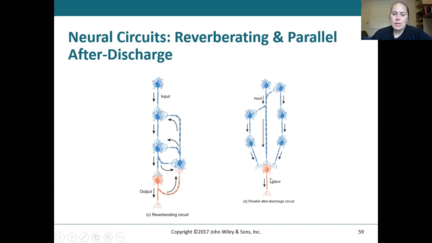And then here you can see the parallel after-discharge circuit. You've got a single neuron that's sending a signal out, and then it's synapsing onto neurons to its left and its right. It's like, okay, let's make sure this neuron gets a signal. It's all going to converge on that output at the same time. Might be a great example of spatial summation. We just talked about that.